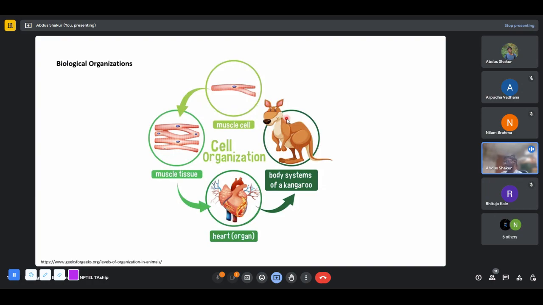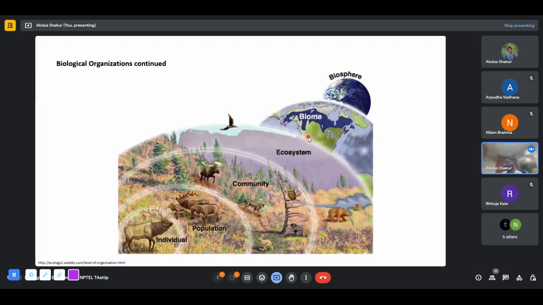Multiple organ systems together form the body of a single individual. And many such individuals of a single species together form a population.